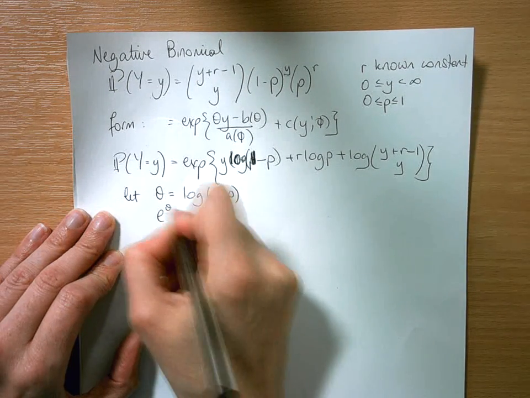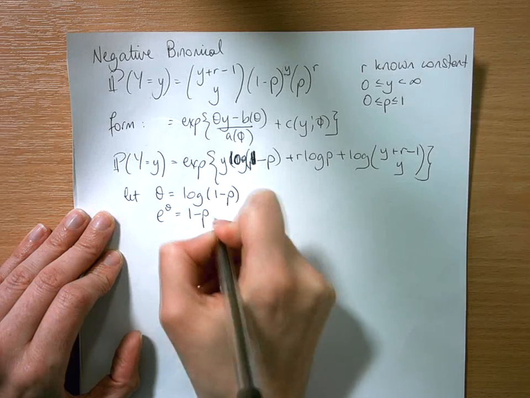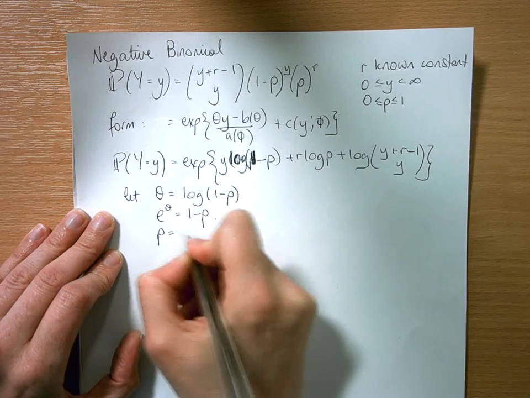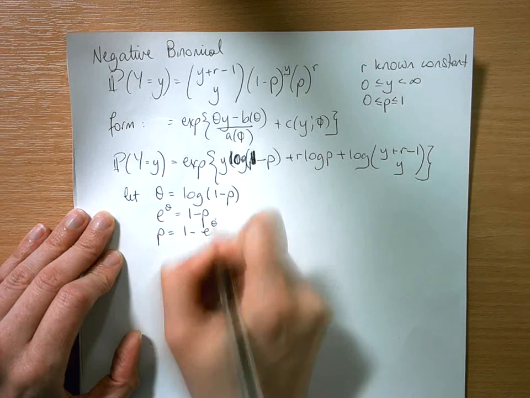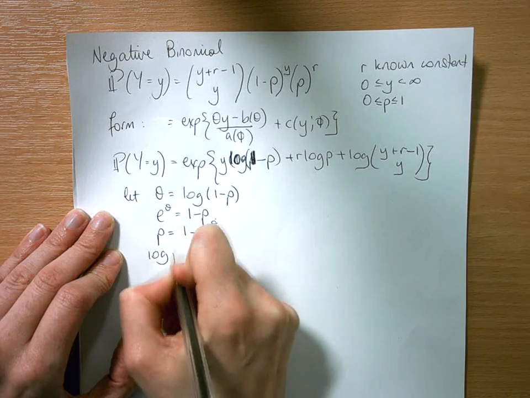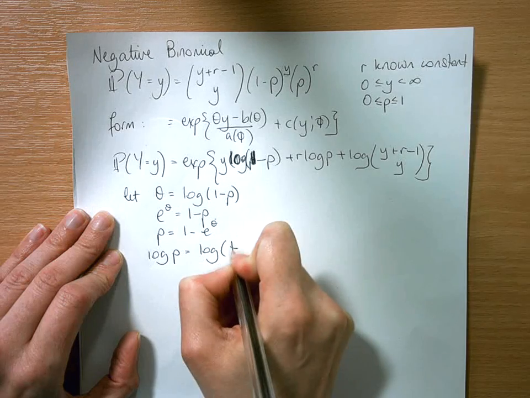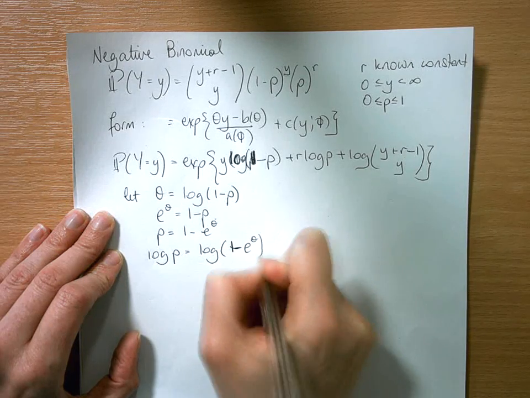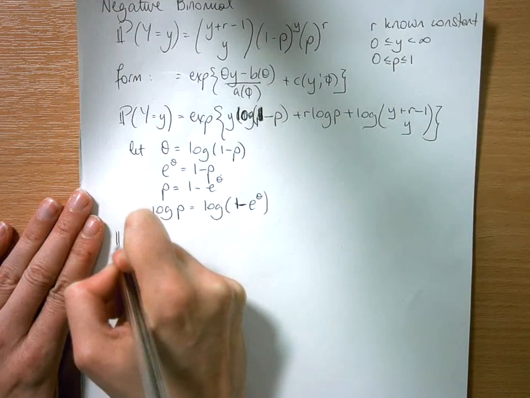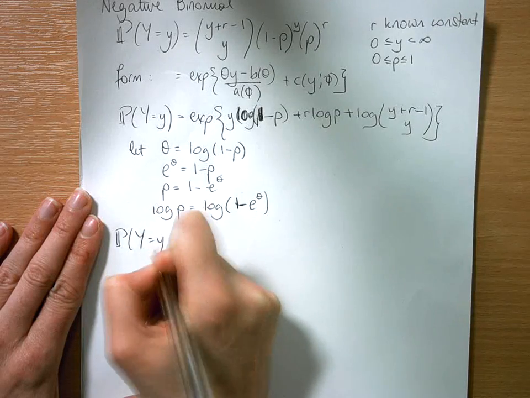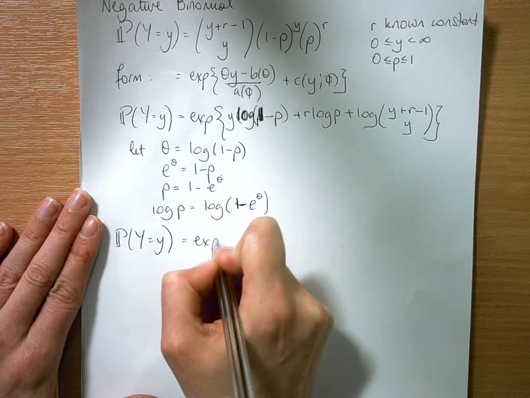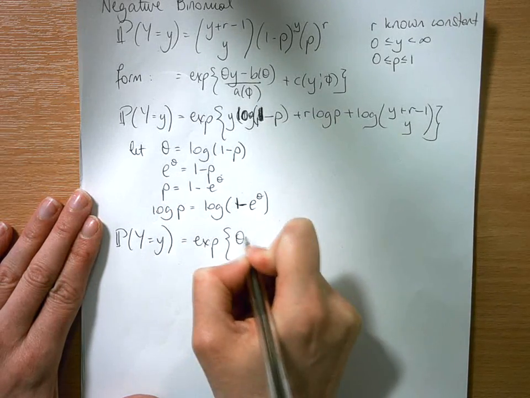We say e to the theta is 1 - p, so p is equal to 1 - e to the theta, so log of p is equal to log of (1 - e to the theta). So we can then write p of y as the exponential of theta y.